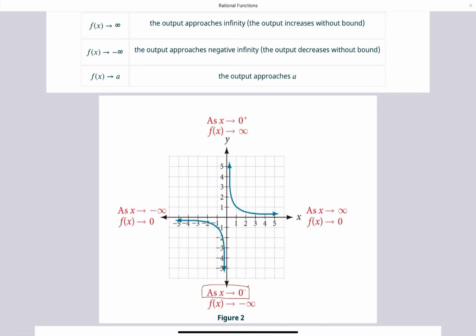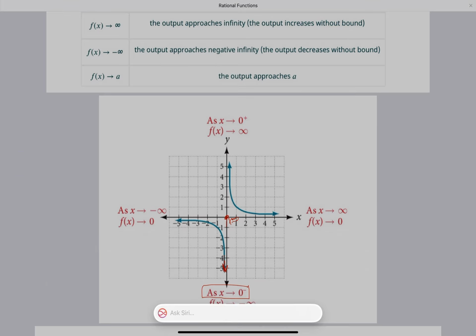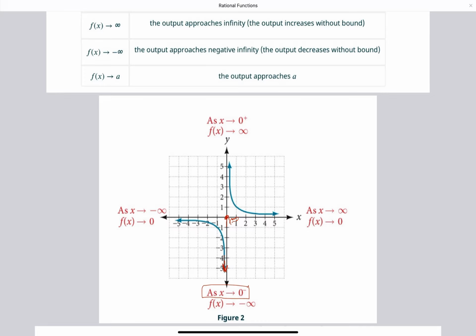Well, x isn't really 0, right? This is x equal to 0. As the function is approaching, it's not really reaching x equal to 0, but instead it's 0 negative.